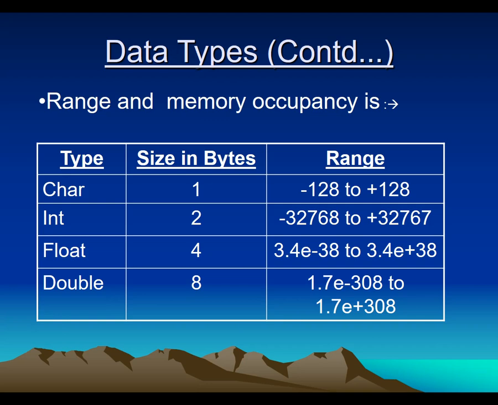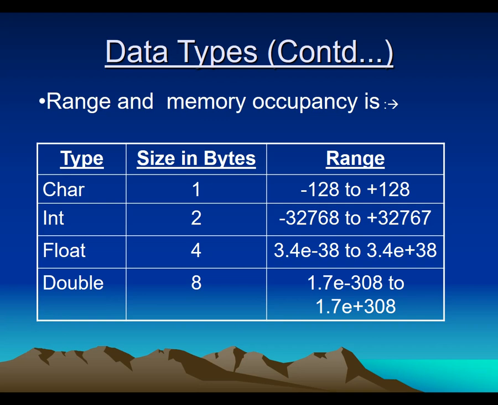Suppose we go for float, it occupies 4 bytes, which is 3.4e minus 38 to 3.4e plus 38. Double occupies 8 bytes, that is 1.7e minus 308 to 1.7e plus 308.